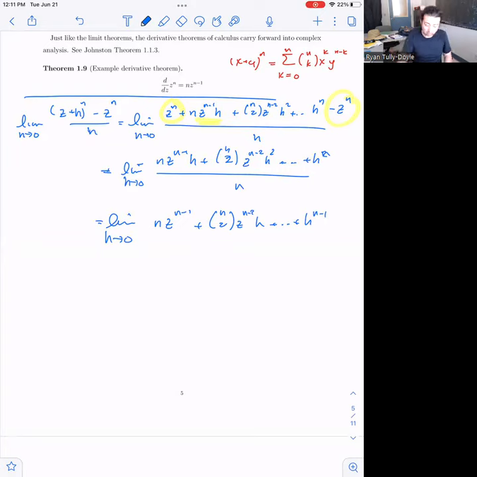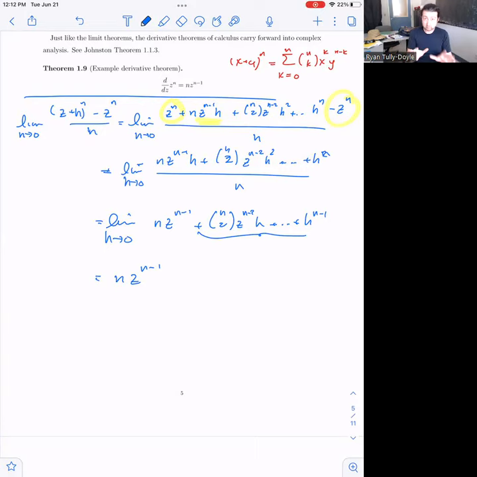When you take that limit, all of these terms have an h in them, so they all vanish. And what you're left with is n z to the n minus 1. And so as hoped for, the same arguments that held for real variables hold in complex analysis. So the idea of complex derivatives follows directly, and the rules for the arithmetic of complex derivatives follow directly from rules that we already know from calculus.